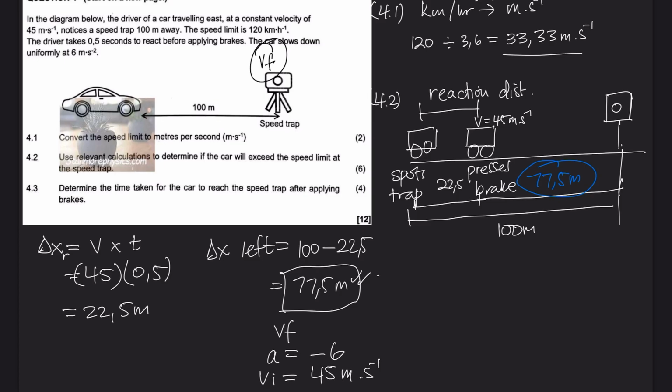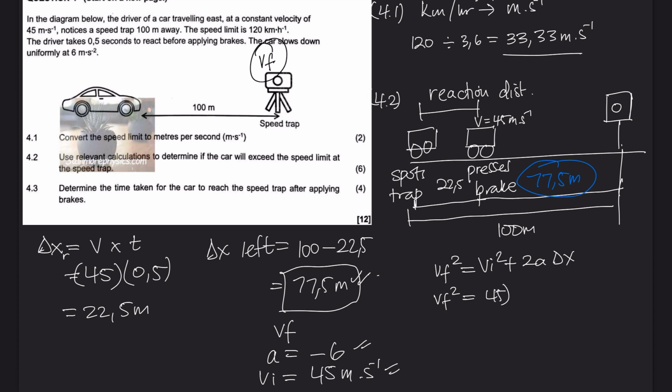And remember, if you know three quantities, you can solve anything using equations of motion. We know delta x, we know acceleration, we know VI. Now it's just a matter of what formula do we use. So you look at your formulae, right? And you would then choose VF squared equals VI squared plus 2a delta x. VF squared is what we want.